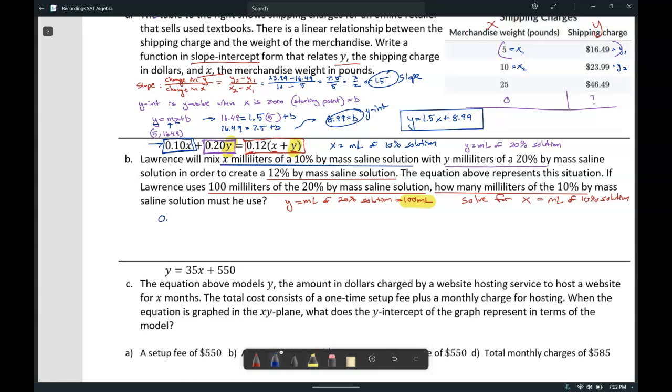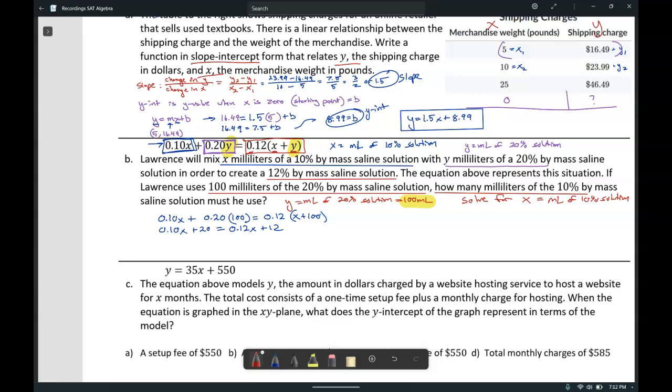So 0.10x plus 0.20 times 100 equals 0.12 times (x plus 100). We'll multiply and use our distributive property to give us, that should be 20, not 200, the following equation.